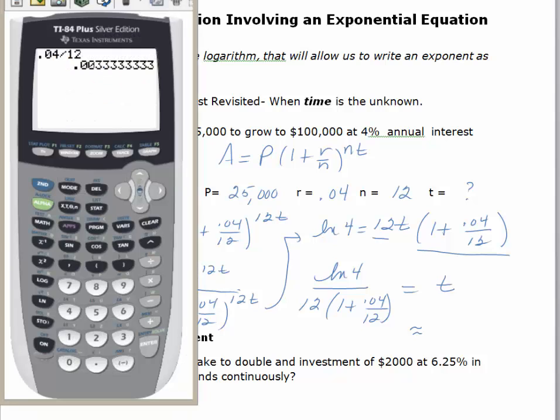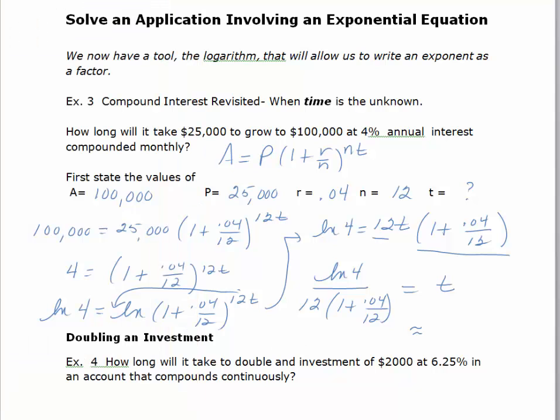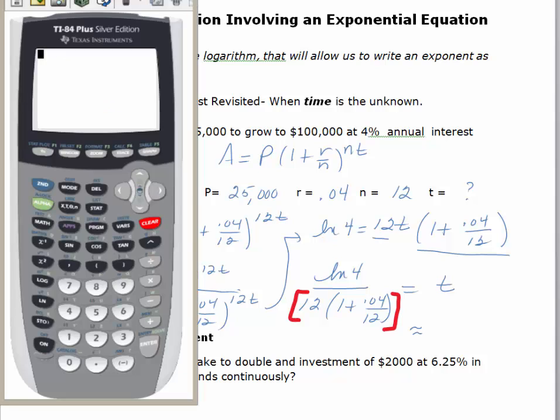So we'll open up our calculator, and we do have to be careful with parentheses here. If you notice, we're dividing by this whole expression, so we want to make sure that whole expression is in parentheses. We're going to take the natural log of 4 divided by, and then I'm going to open parentheses, 12 times the natural log. Now we've got another set of parentheses for the log, so plus 0.04 divided by 12.